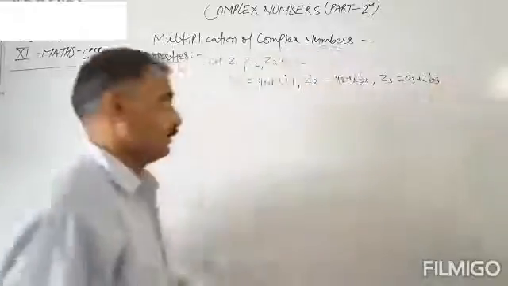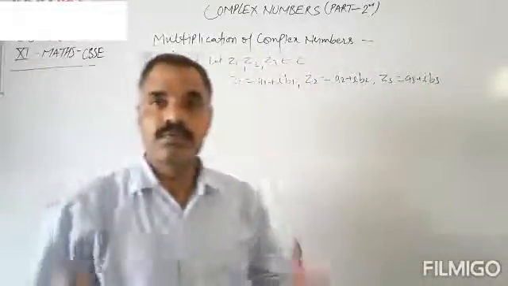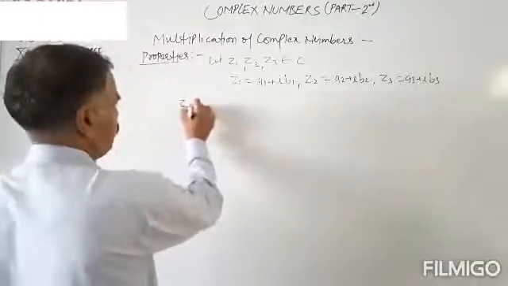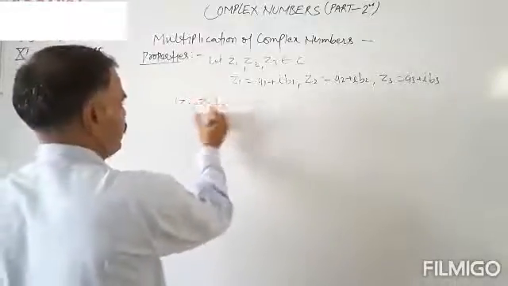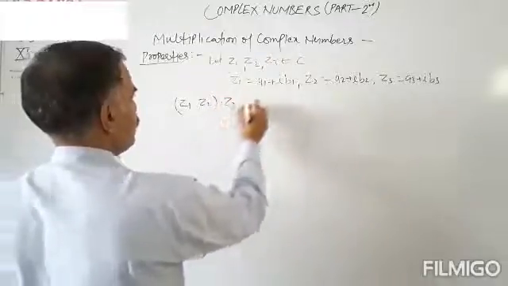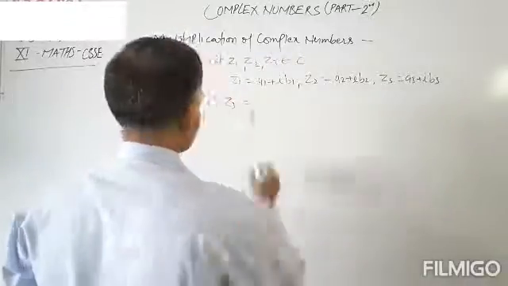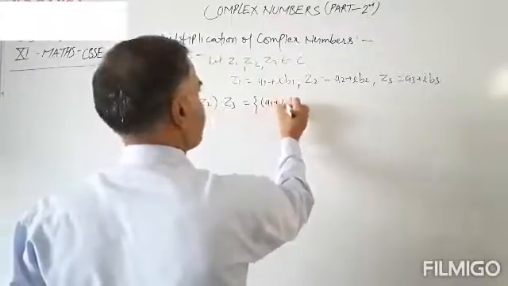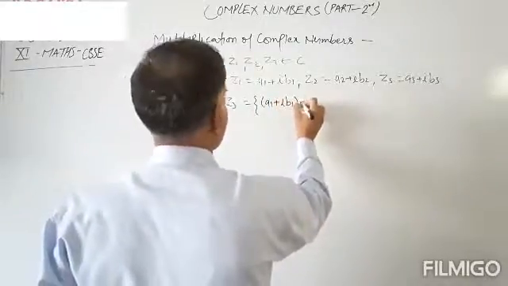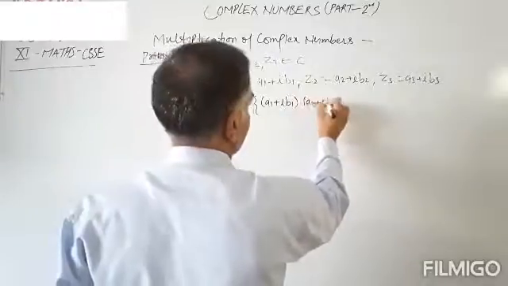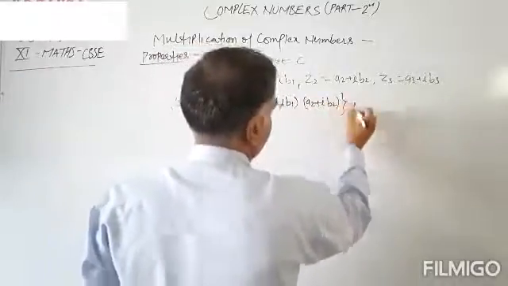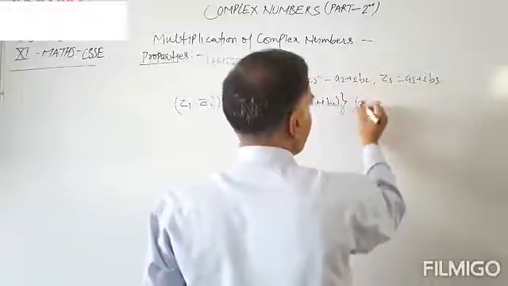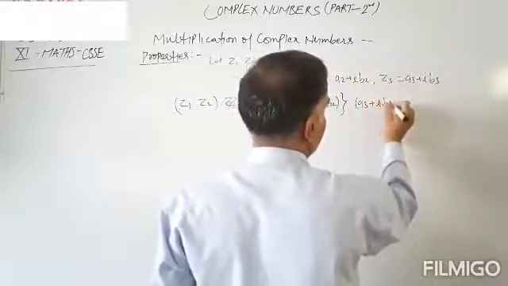Now we will find the left hand side of the associative property, that is (Z1 into Z2) multiplication Z3. So this is equal to (A1 plus iota B1 multiplied by A2 plus iota B2) multiplied by A3 plus iota B3.